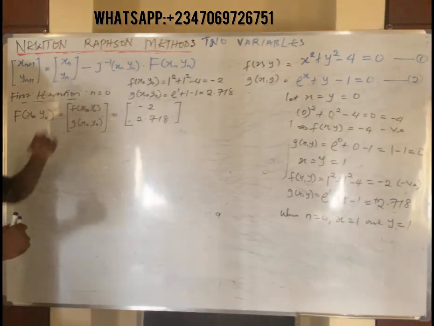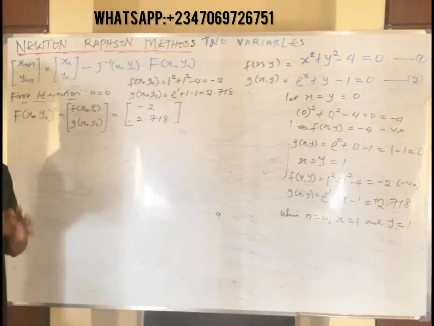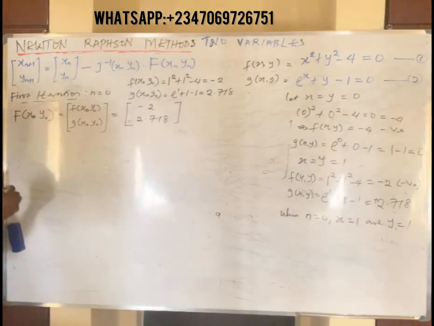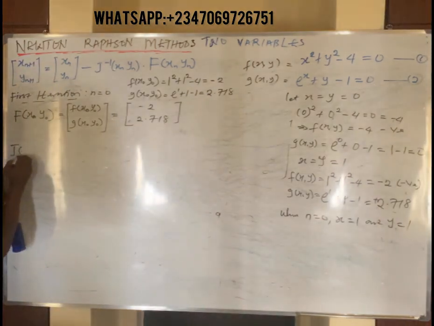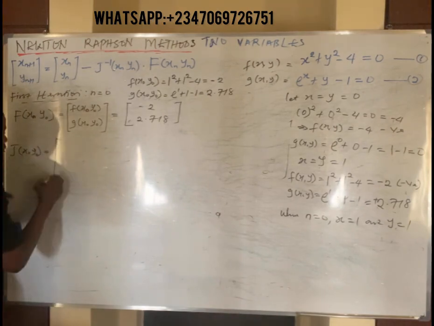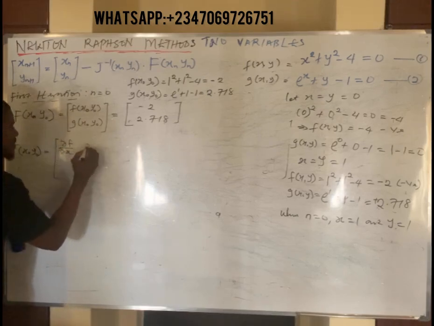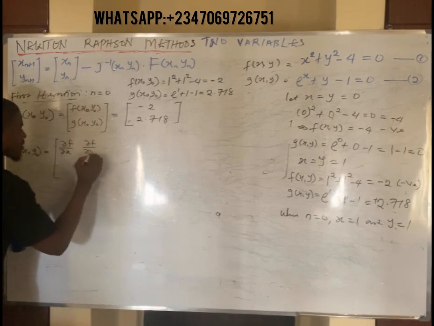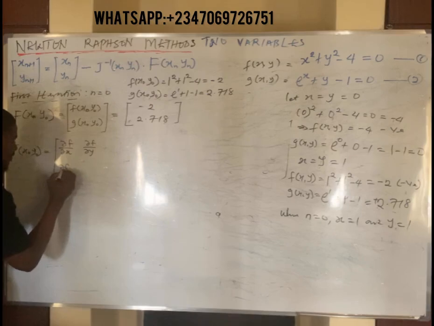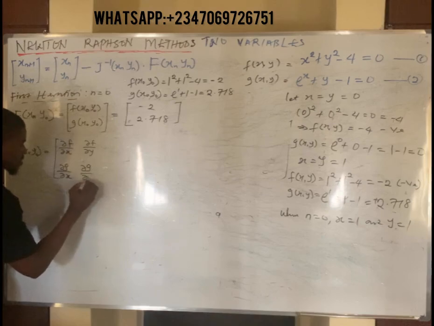The next thing to do is to compute the Jacobian inverse. But to find the Jacobian inverse, we have to first of all find the Jacobian matrix of the given function, right? So remember, the Jacobian of x naught, y naught is going to be equal to the Jacobian matrix: partial derivative of f over partial x, partial derivative of f over partial y, then for the second equation, partial derivative of g over partial x, partial g over partial y.